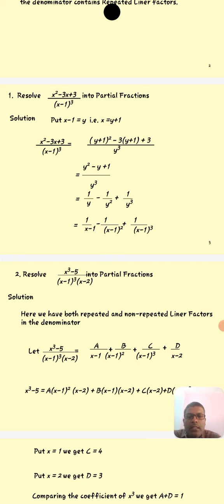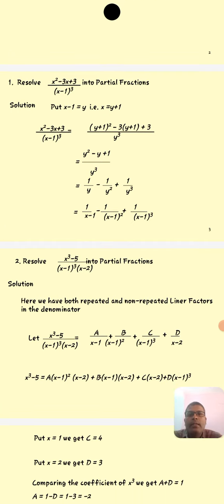Now the next step, we have to split each part. How to write this? y square divided by y cube minus y divided by y cube plus 1 by y cube. Here y square and y cube, the square gets cancelled, we get only 1 by y.